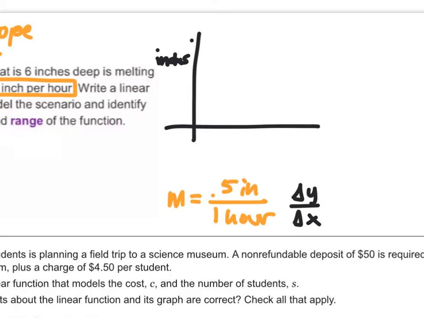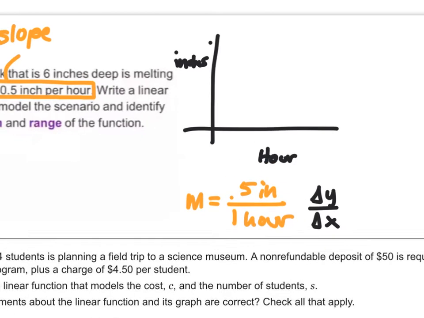That's typically how I do it, because it helps me identify the slope. This measure is inches and this measure is hours. So I know it's the change in y over the change in x. This is a y value, inches. This is an x value, hours.